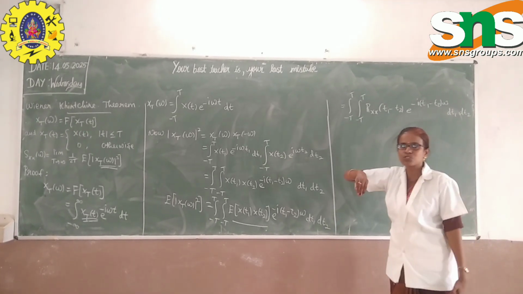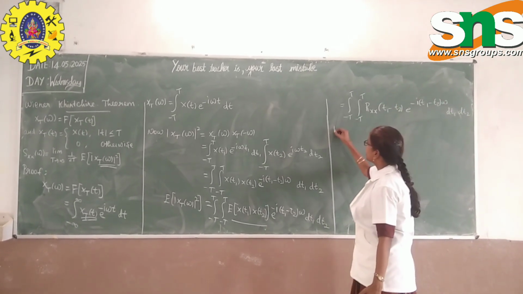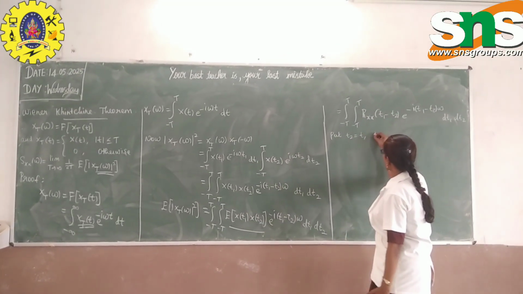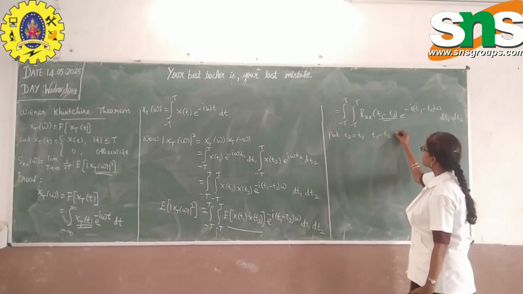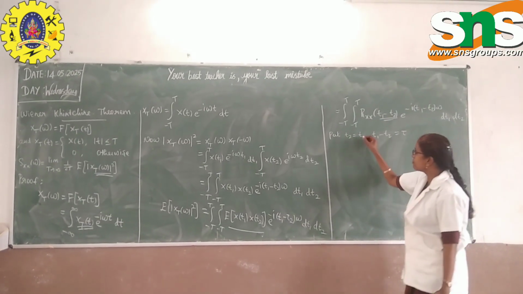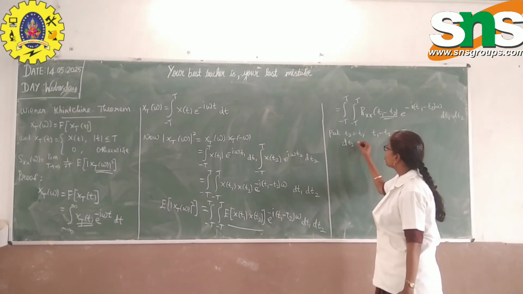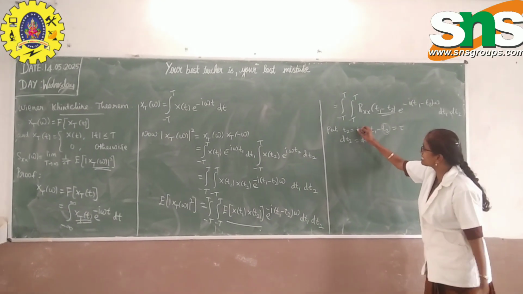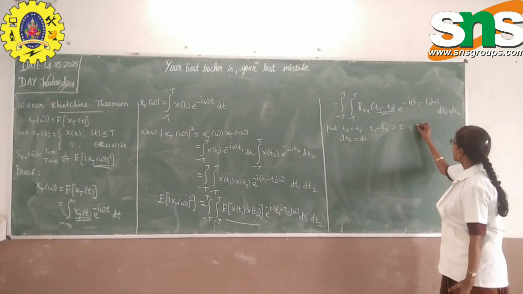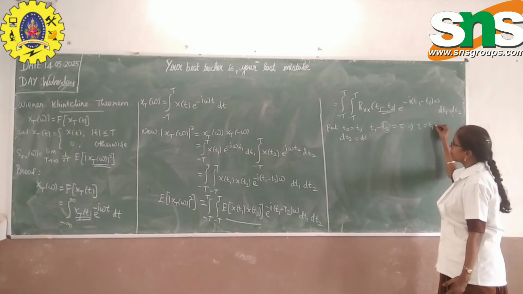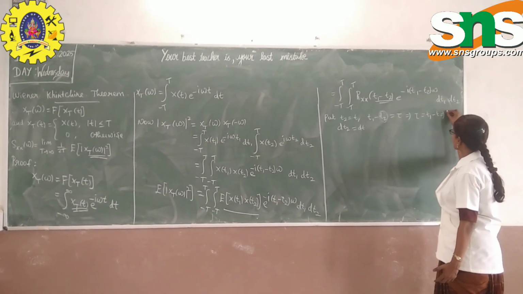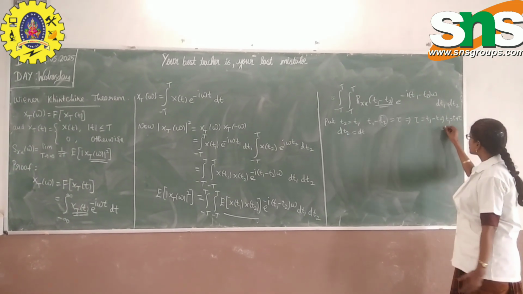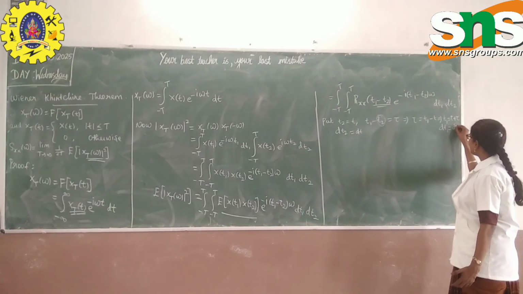Here we are going to make a substitution. We take t2 as t and t1 minus t2 as tau. So dt2 is dt, and replacing t2 with t, tau equals t1 minus t. From this, t1 is t plus tau, and dt1 is d tau.